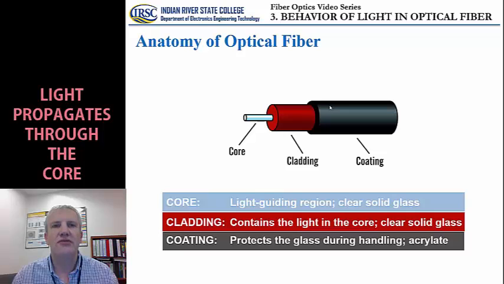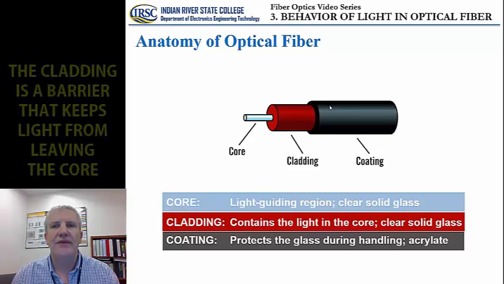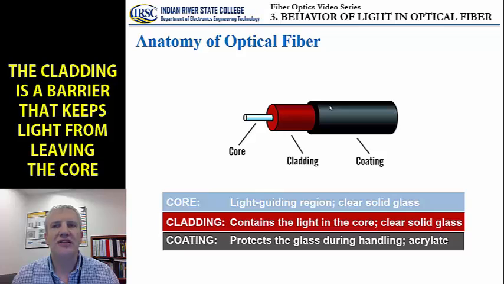The core is surrounded by a layer of material called the cladding. The cladding is made out of glass or plastic with slightly different properties than the core, and its main purpose is to contain the light within the core using the concept of refraction that is going to be explained on the next slide.